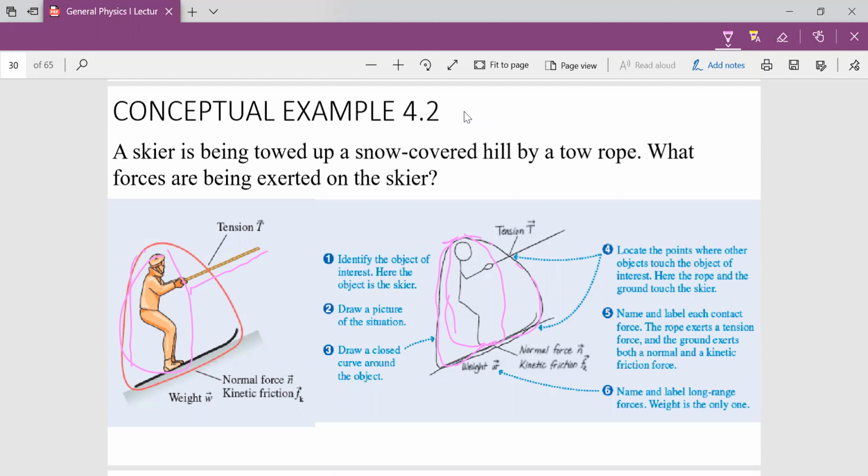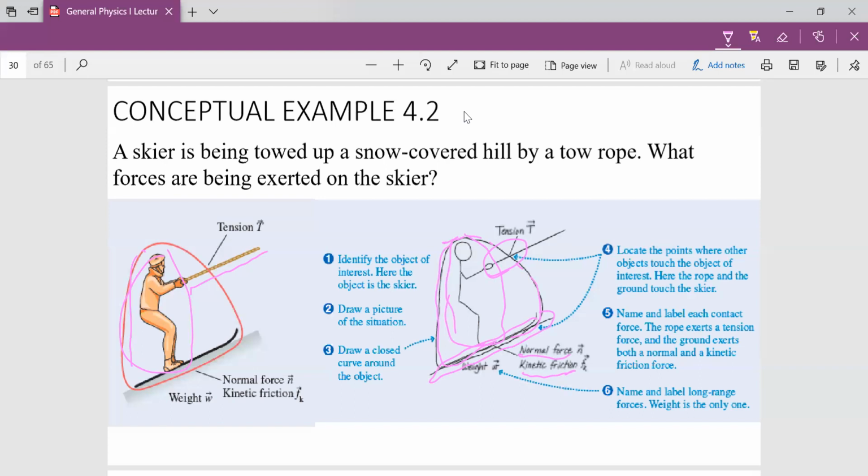The next step is to locate the points where other objects have contact with the object. We can see one contact here, and another one here. So we have the tension, the normal force, and the kinetic frictional force, because it is being towed up, it's in motion, so it will have friction.